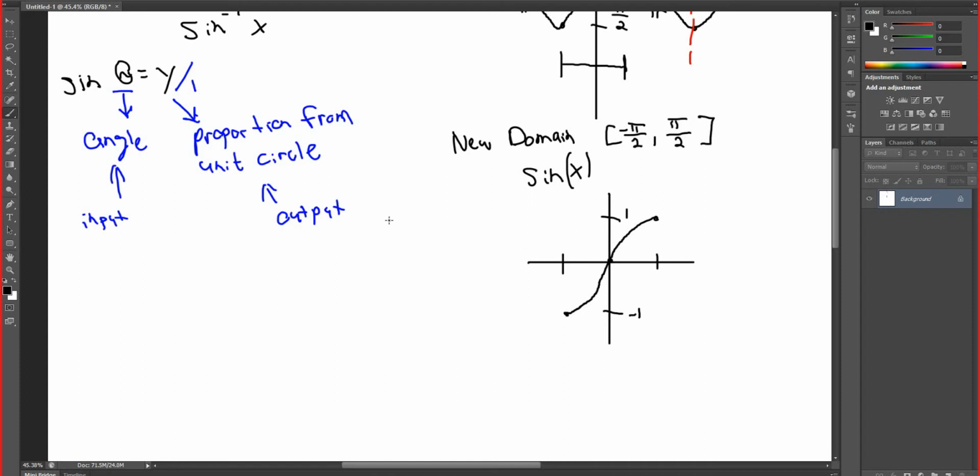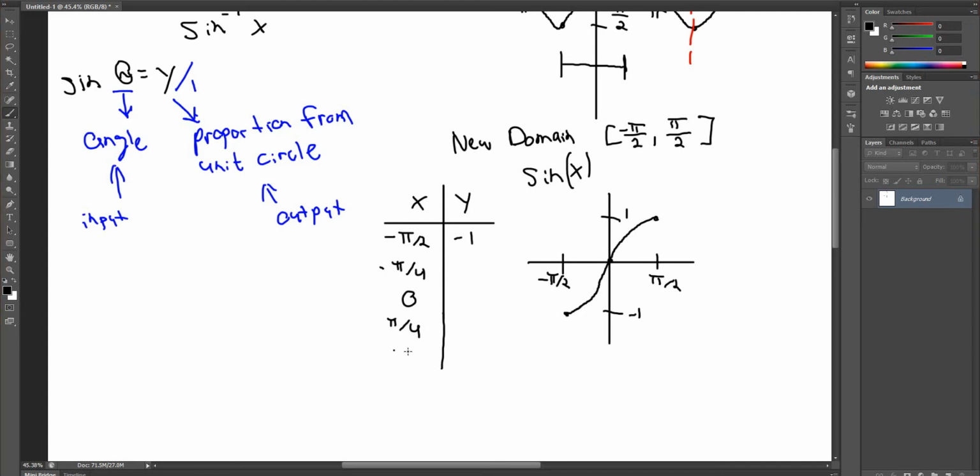I'm also going to draw a quick table. So for our x's and y's, I'm going to go through this one real quick. We have 5 values we care about, which are -pi/2, which is -1. We also care about -pi/4, 0, pi/4, and pi/2.